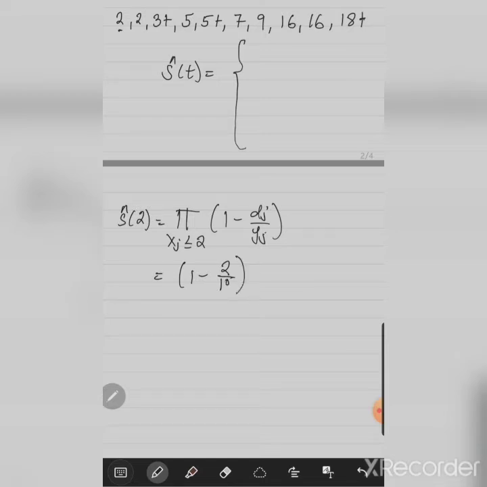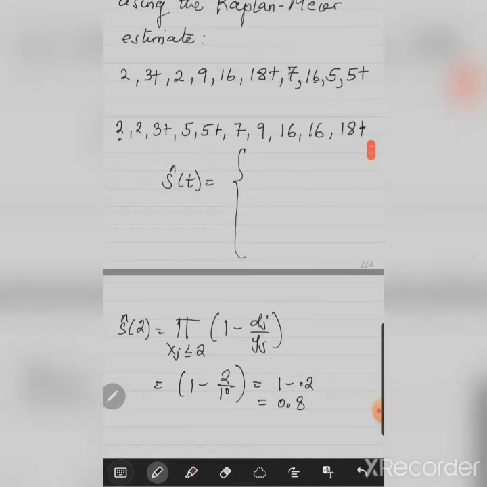So for S of 2, the estimated survival is 1 minus 0.2, which gives us 0.8.